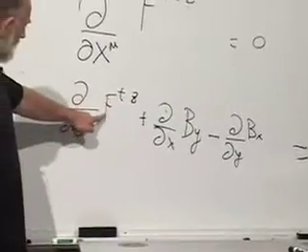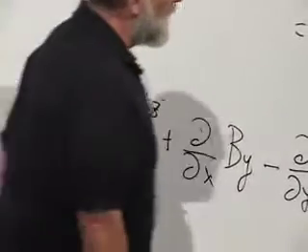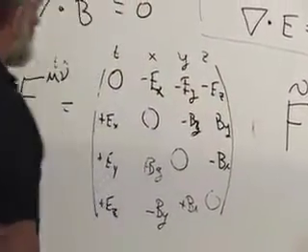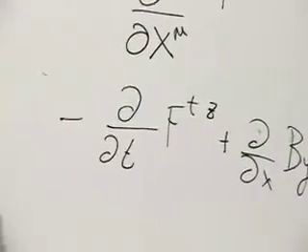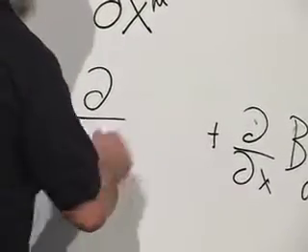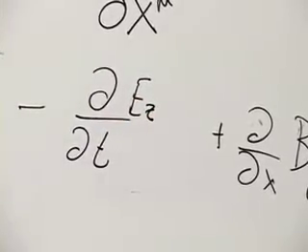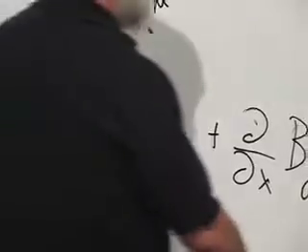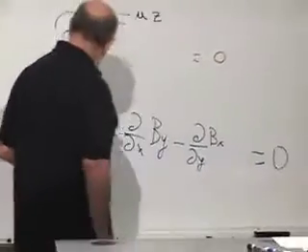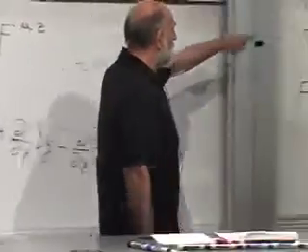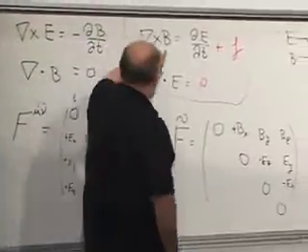What about F t z? Well, we go to the t row to the z place, and we get minus E sub z. So this is minus the derivative of E sub z with respect to t. All of that equals 0. Well, if you look at it carefully, you'll see that it's exactly the equation over here, the z component of it.